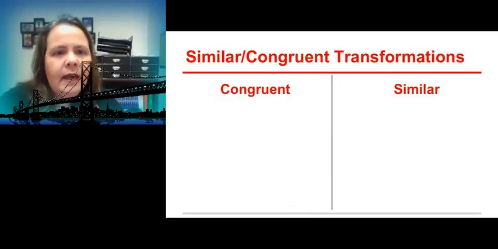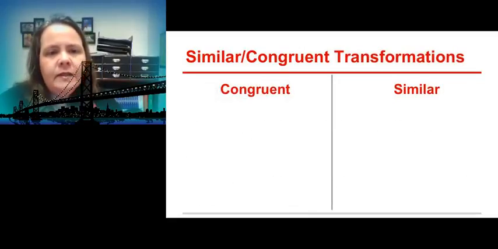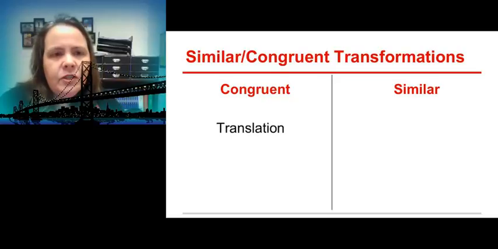So let's look at the transformations that we've done and decide whether they are similar or congruent. So let's think about a translation. Did it preserve the size and the shape? I hope you answered yes, because a translation creates congruent figures. And then a reflection. Does a reflection preserve the size and the shape? And again, the answer should be yes.